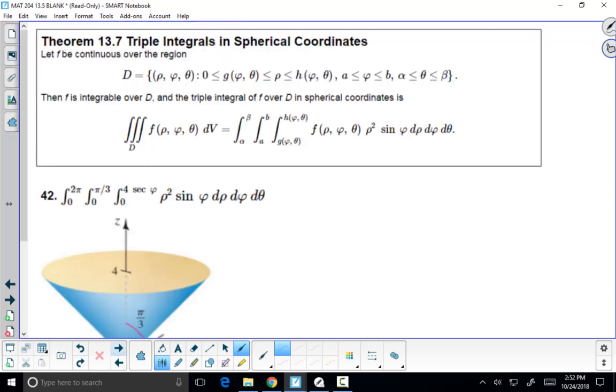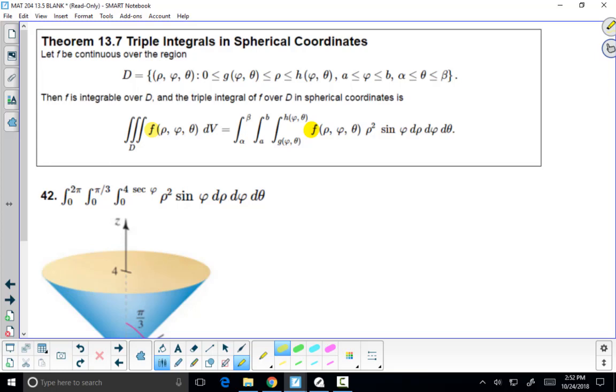Again, looking up here, all they're trying to tell us is that we're taking our function f and converting it into a function that has those independent variables, rho, phi, and theta. Those are the independent variables that have to be there. You can't have x's and y's if you're integrating with respect to rho, phi, and theta.